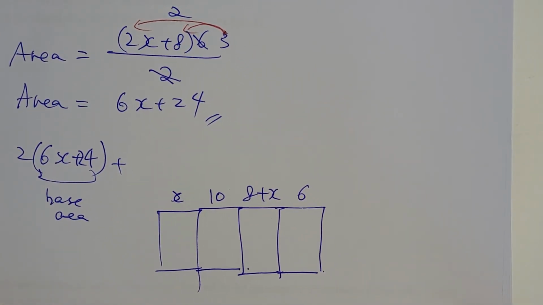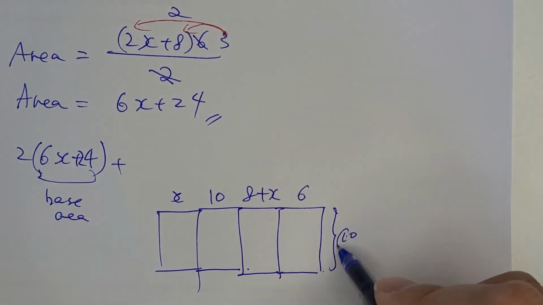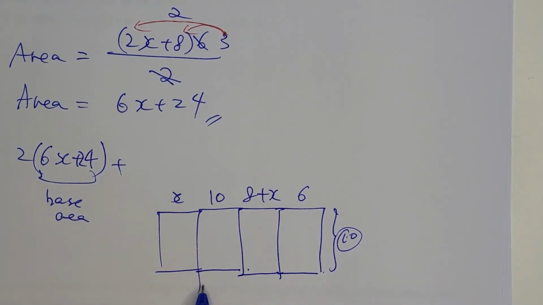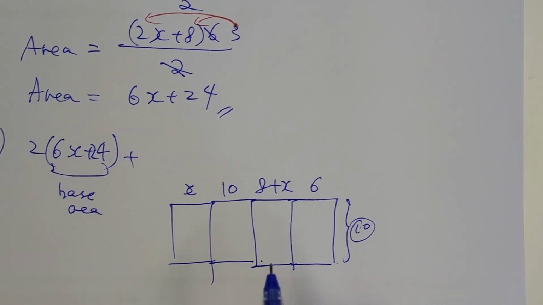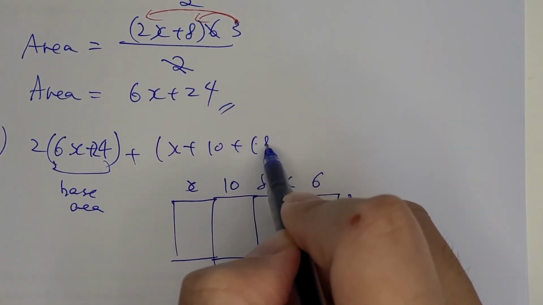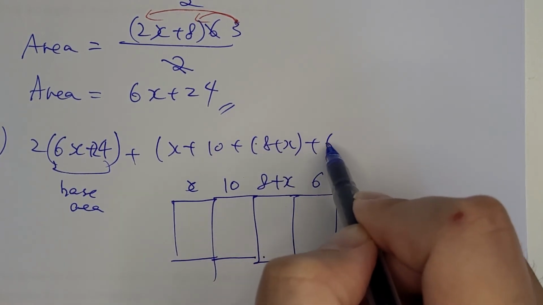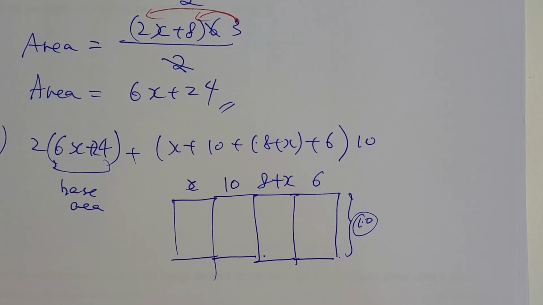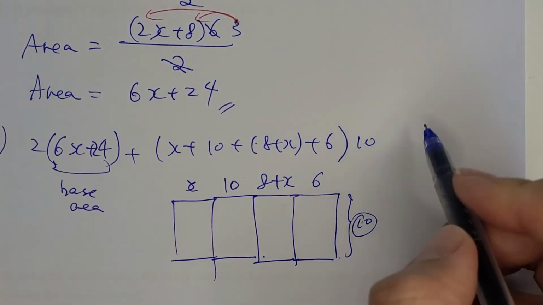And the height is 10, this one. So the lateral surface area is actually the area of this big rectangle: x plus 10 plus x plus x plus 6, times 10. When you add this all together, they will become 736.